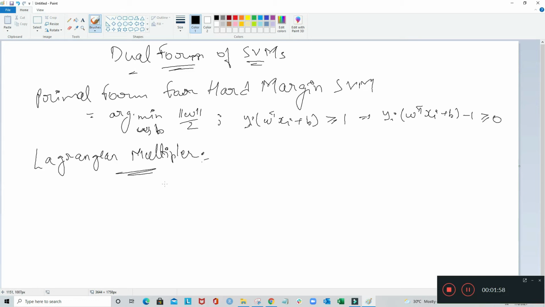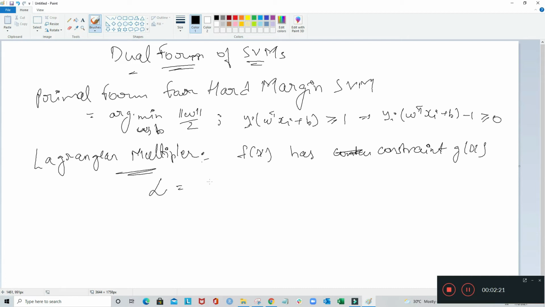Now what the Lagrange multiplier does is, if we have a function f of x that has a constraint g of x, it tries to find a local maxima and minima for the function f of x.